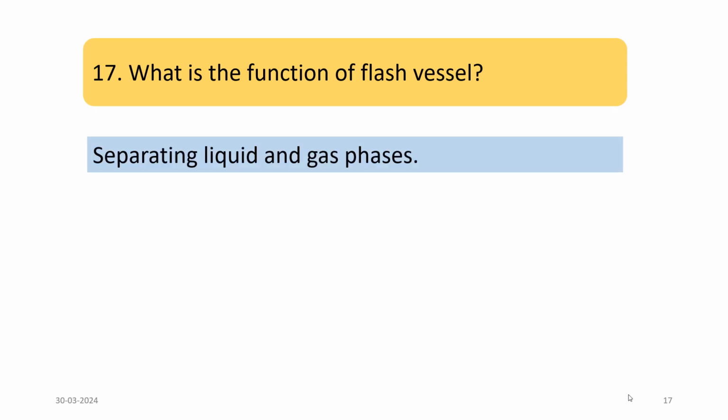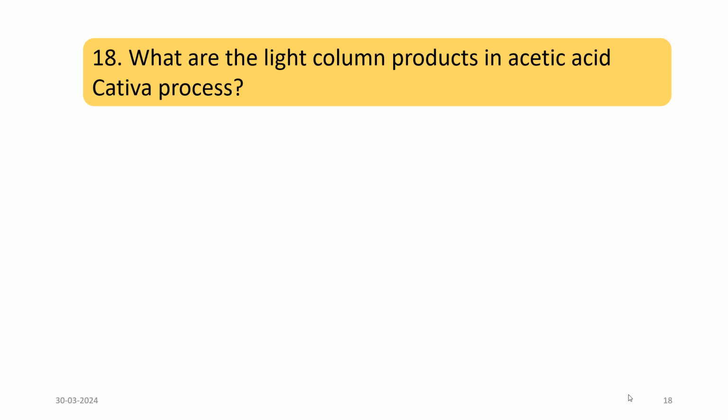Next question. What are the light column products in acetic acid Cativa process?